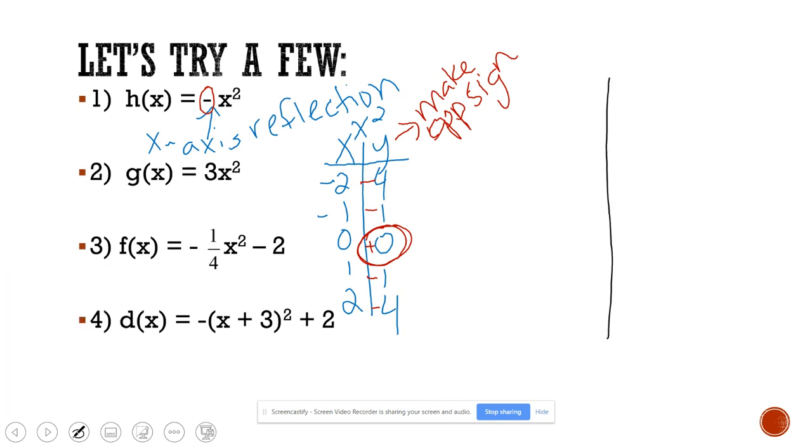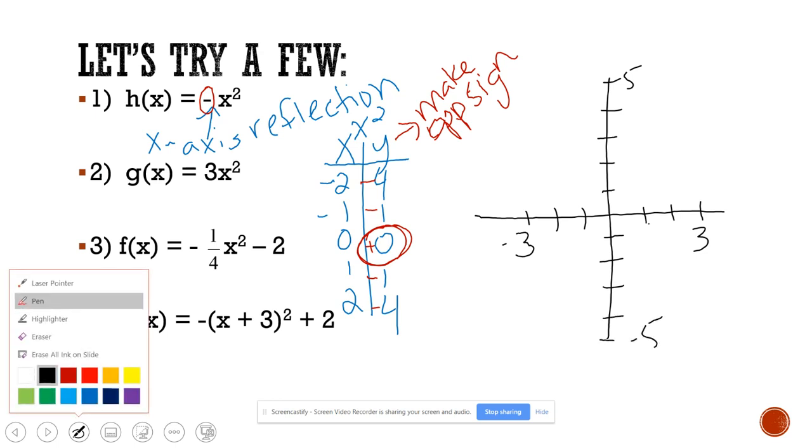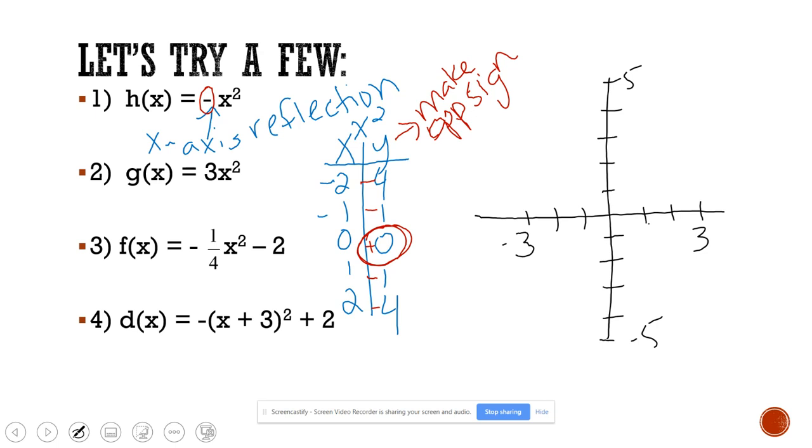If I make our graph, don't forget on your graph to make sure that you label so we know what your scale is. I'm going to sketch my parent function here with my dotted line.